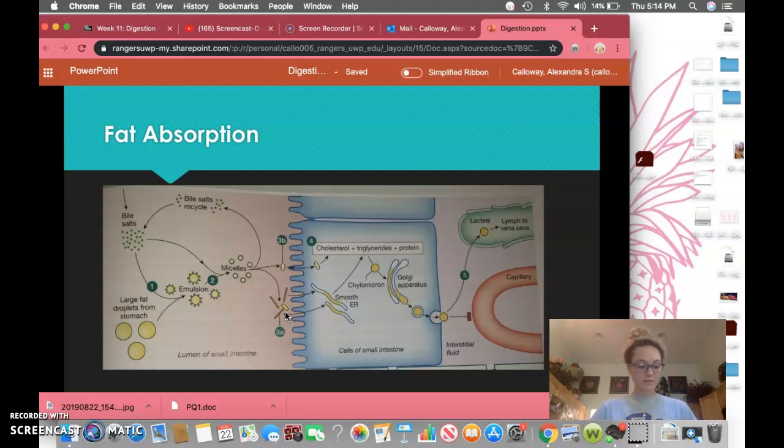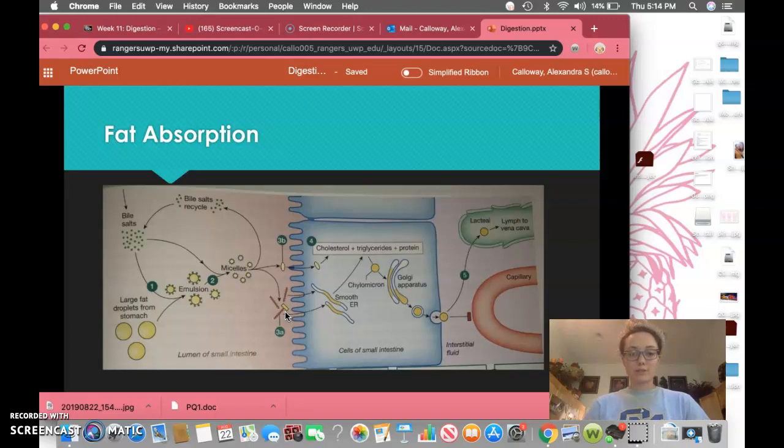So the fatty acids and monoglycerides are absorbed primarily by simple diffusion, but cholesterol is unable to be transported in that way. So what happens is it goes across the brush border of the membrane, and it has to be transported with an energy-dependent, pretty much co-transporter.